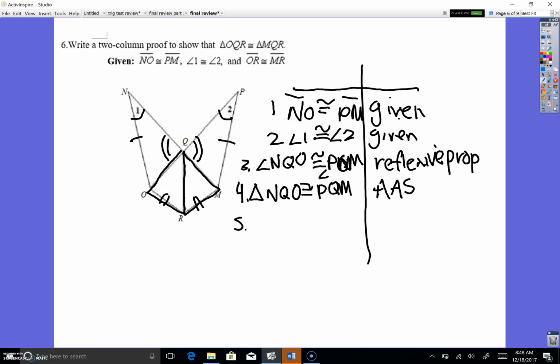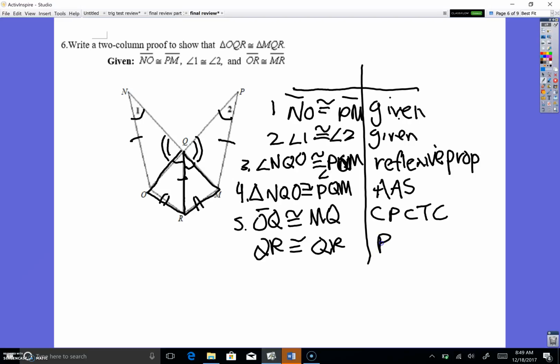Then I can say OQ is congruent to MQ, because corresponding parts of congruent triangles are congruent. So now this one and this one, then this one is congruent. QR is congruent to QR, reflexive.